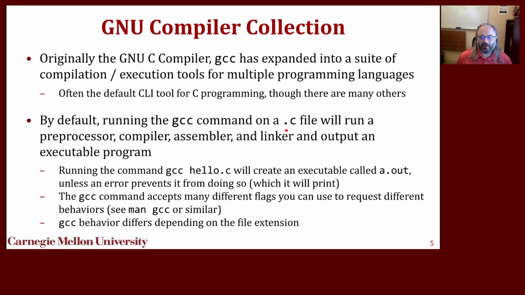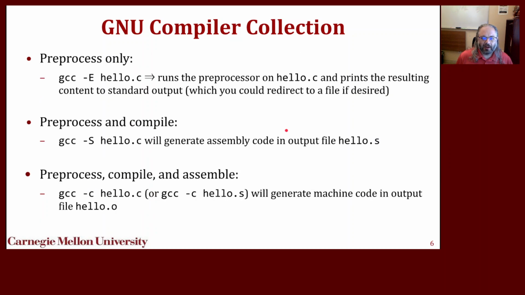So let's go into a little bit more detail on how the GCC tool actually works. Suppose we just want to run only the preprocessing step. If we just want to preprocess the source code and see what the preprocessor is doing, we can do that. We can actually use the -E flag in GCC, and we can see the output modified source code that the GCC preprocessor is giving to the GCC compiler.